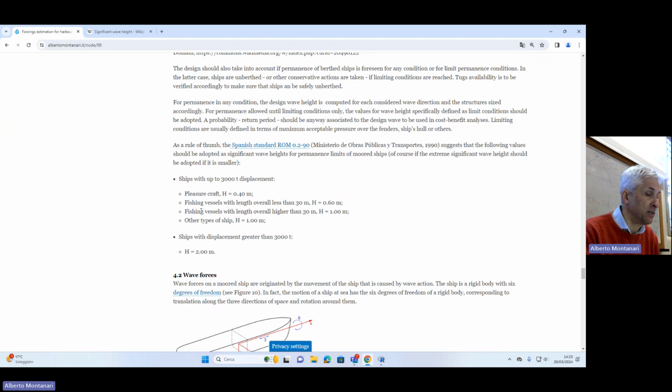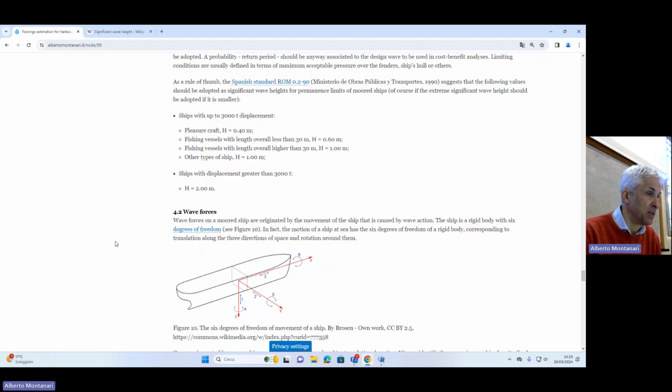And you see that even for large ships, the design wave that is suggested is a couple of meters. So we don't have to design with respect to waves that are, I mean, 10 meters, okay? Like the waves that they can find in the open sea. And these are, as I said, the orders of magnitude. Okay, good.